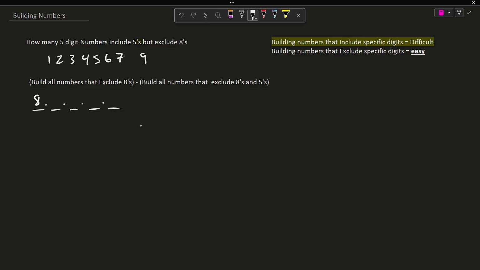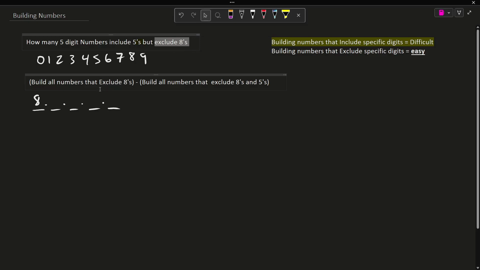Now I'm going to choose the second digit in my 5-digit number. What options do I have? I can have a 0 in the second position, but I can't have an 8, because remember, I'm building all numbers that exclude 8's. My final number can't have an 8 in it, so all the numbers I'm going to build here have no 8's.